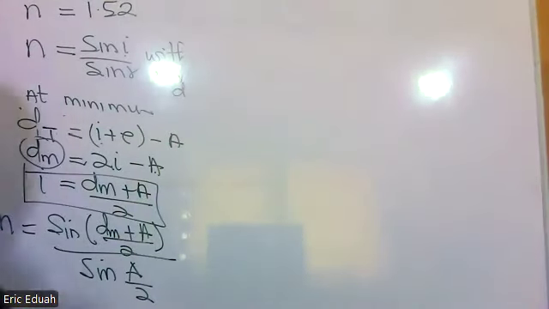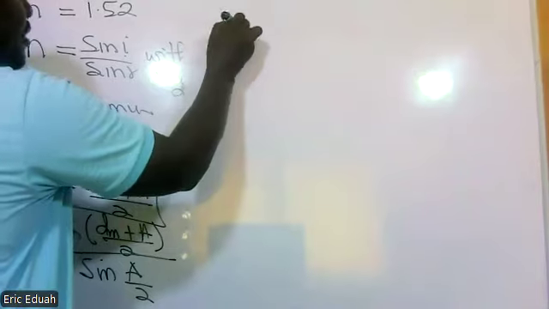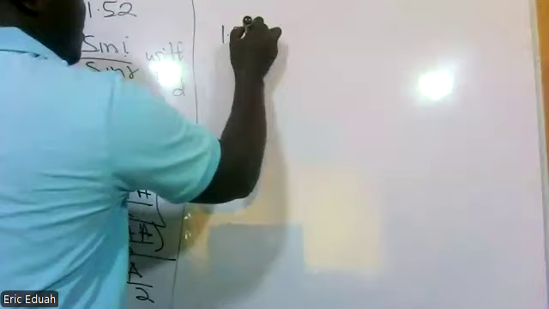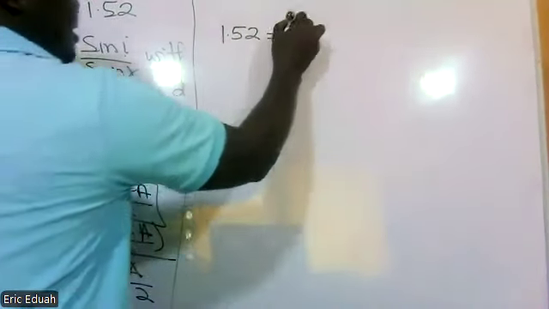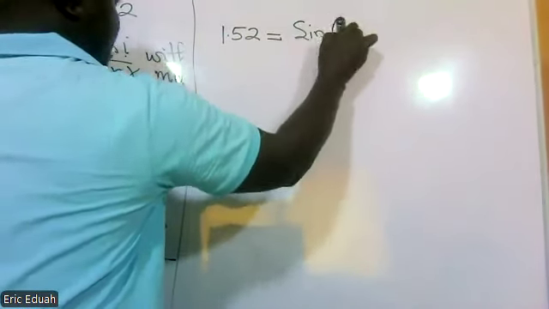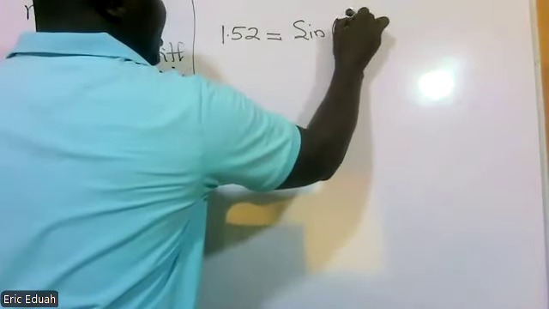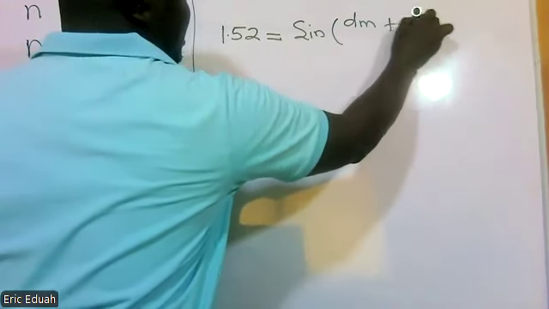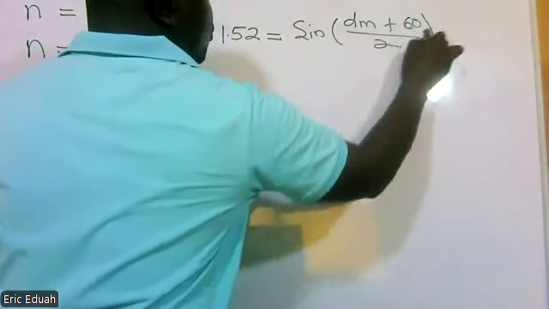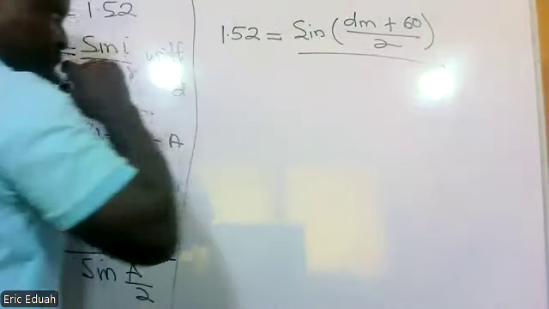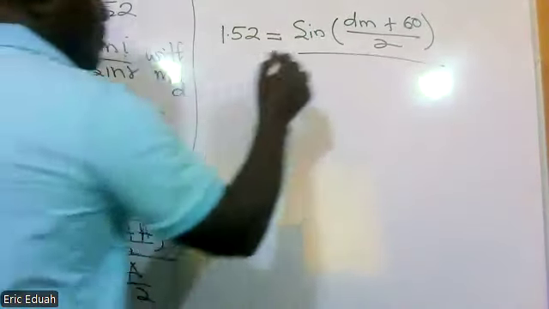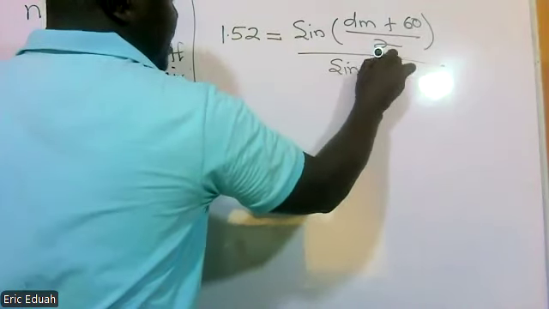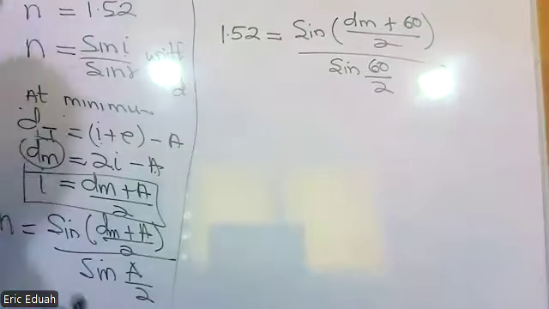So if you use the second method, you have 1.52 is equal to sine of (dm plus 60) on 2, all divided by sine of A on 2.